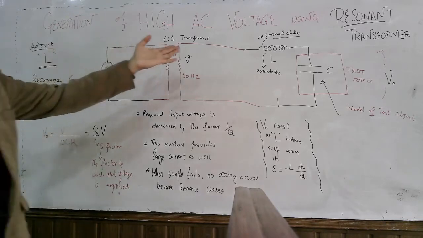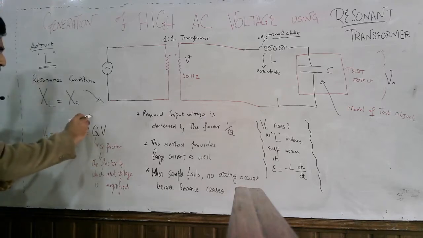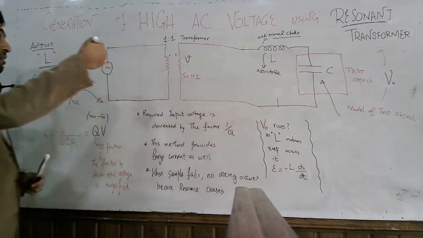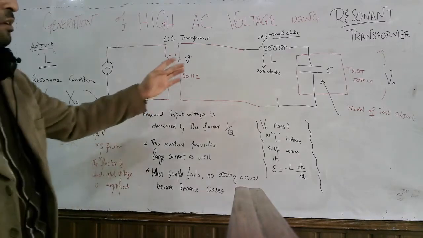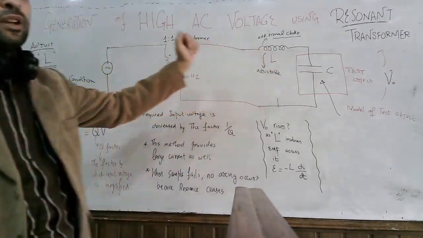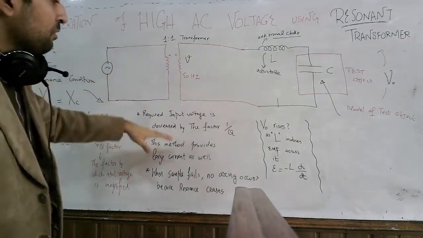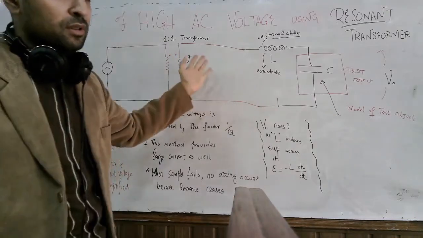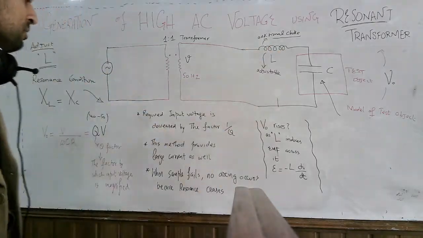And normally in resonant transformers, the value of Q lies in the range of 40 to 50. It means that whatever the input voltage here, it will be raised by 50 times across the test object. So what is the benefit? The benefit is that using this concept of resonating transformer, the required input voltage is decreased by the factor of 1 by Q. Moreover, since this method involves the transformer as well, it provides a large current across the test object.